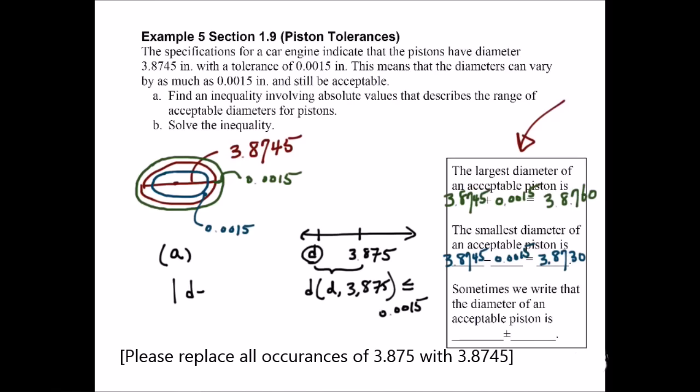If you cast that in an absolute value inequality, I would write this as the absolute value of d minus 3.8745 is less than or equal to 0.0015.